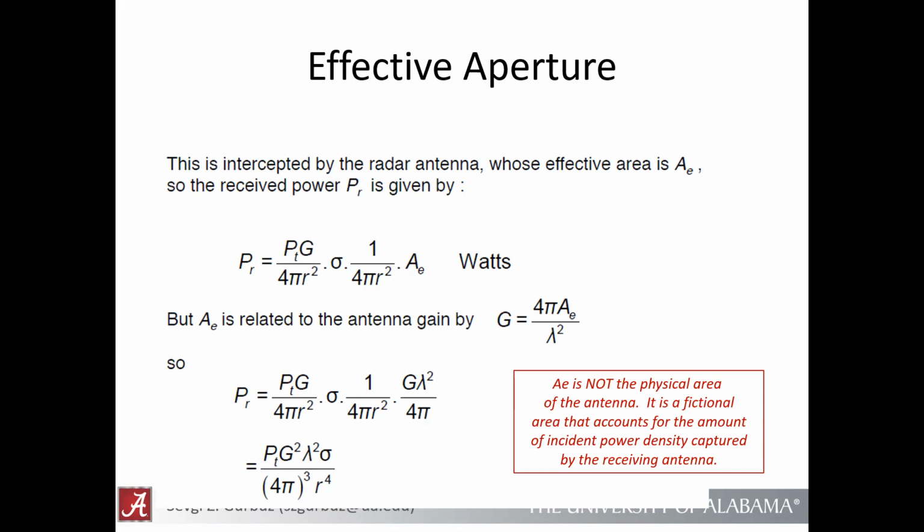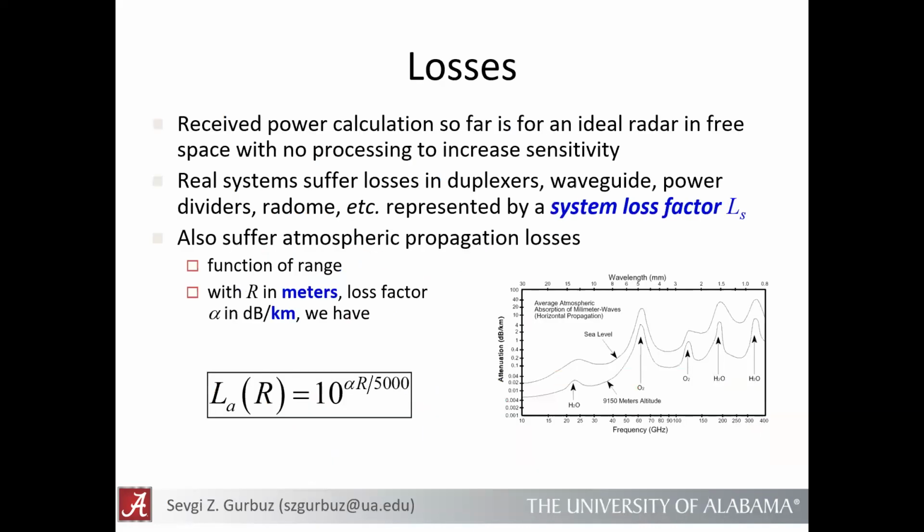But in general, we can show that the effective aperture AE is related to the antenna gain by 4 pi divided by lambda squared times the effective aperture. Lambda here is the wavelength, which is related to the frequency of our transmit signal. So if you take this expression for the effective aperture and plug it back into the equation and combine terms, then you can get the equation that we have here at the bottom of the slide.